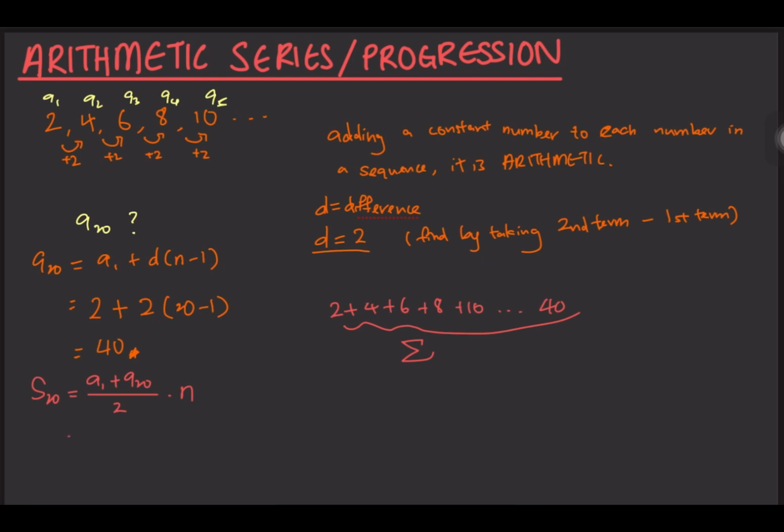So A1, 2, plus A20, 40, the average, divided by 2, multiplied by 20. And then your answer will be 420. And that is how we solve arithmetic series and progression problems.